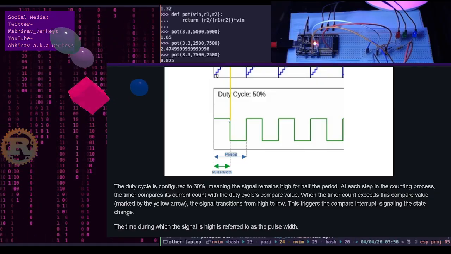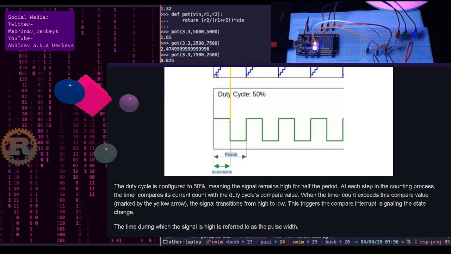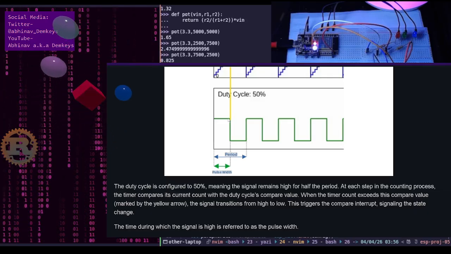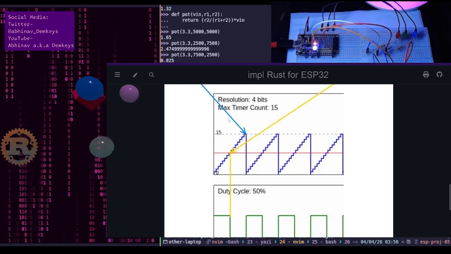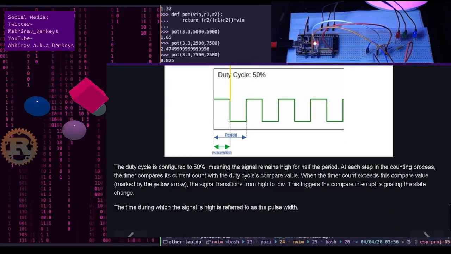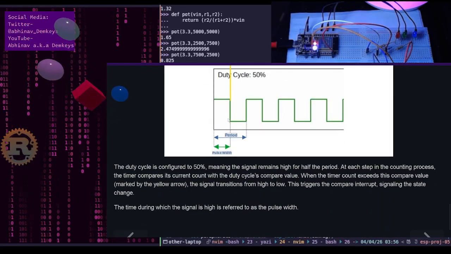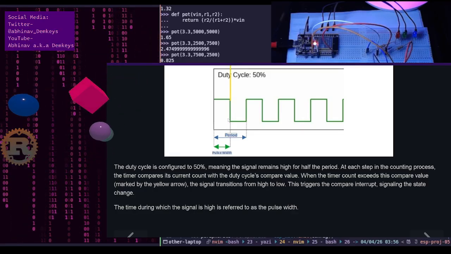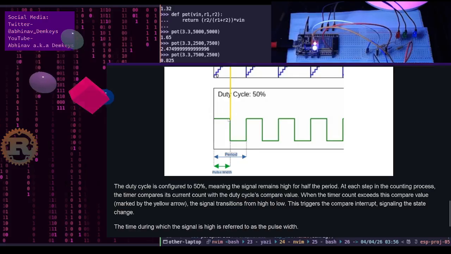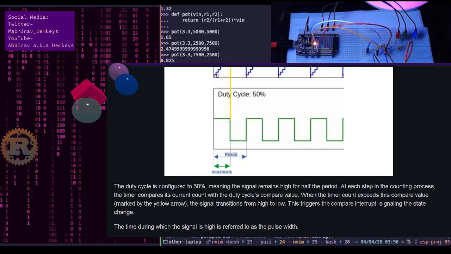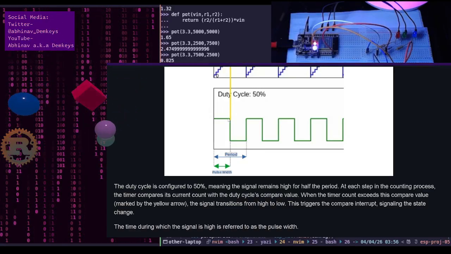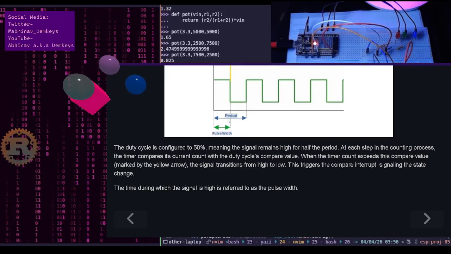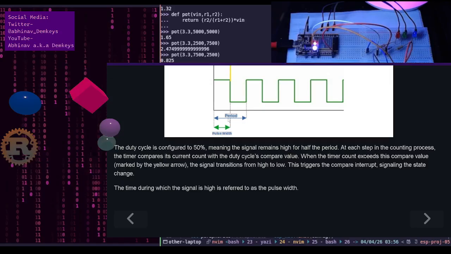I'm assuming if we are putting that in terms of value, then the counter is comparing that to 50% of, what's the resolution? 4 bits. 50% of 16, so that's 8. When the timer count exceeds this compare value marked by the yellow arrow, the signal transitions from high to low. This triggers the compare interrupt, signaling the state change. The time during which the signal is high is referred to as the pulse width.